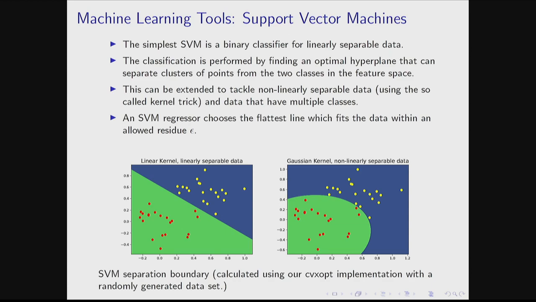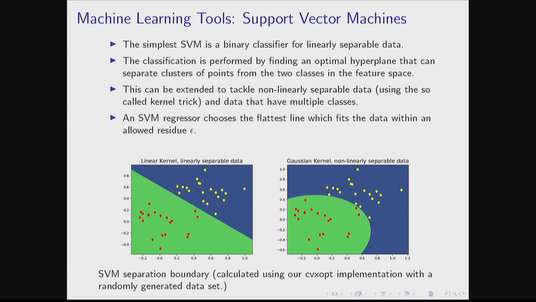But this is only applicable to linearly separable data. If you have data where the boundary should really look like a nonlinear curve, what do you do? There's this thing called the kernel trick, where you map all these data points to a higher dimensional space where the data is actually linearly separable. There you find your optimal hyperplane and you map it back to your original space, and you have this nonlinear boundary, which is great. But in principle, you actually don't have to do anything.